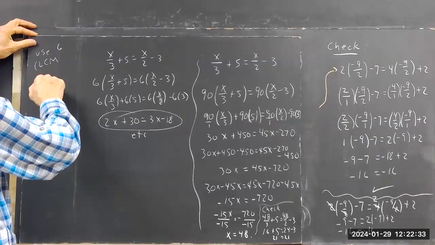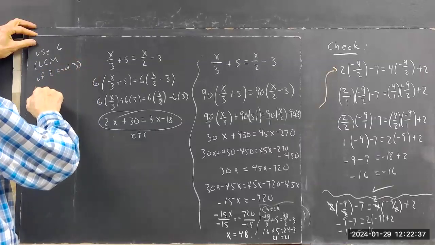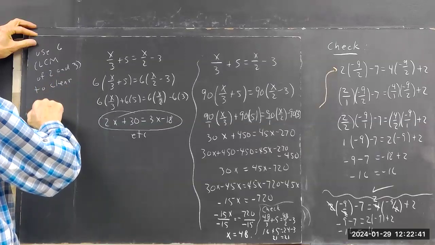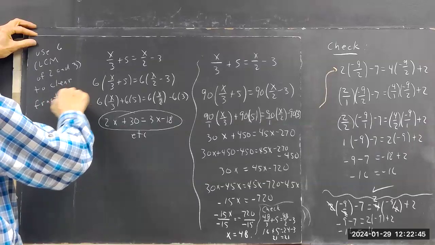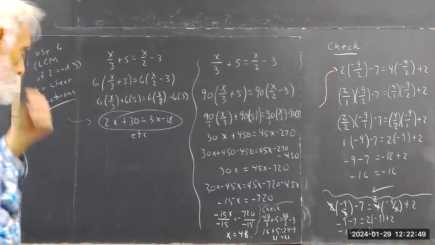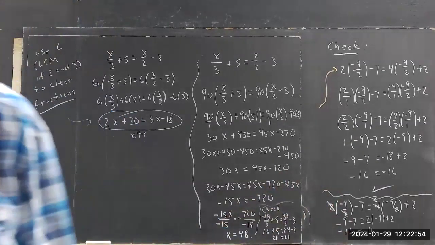This is the least common multiple of 2 and 3. And that clears the fractions. We end up with something that's easy to work with, no denominators to worry about.